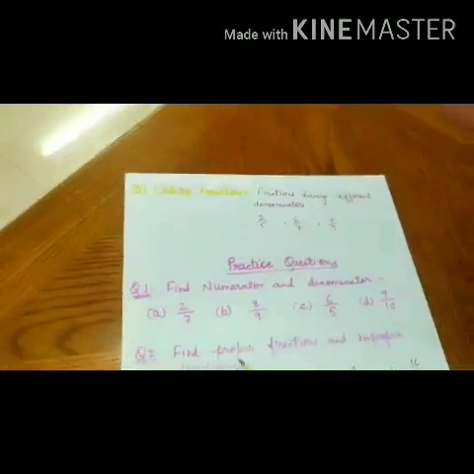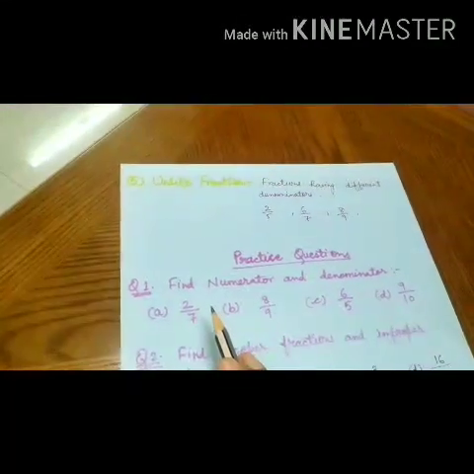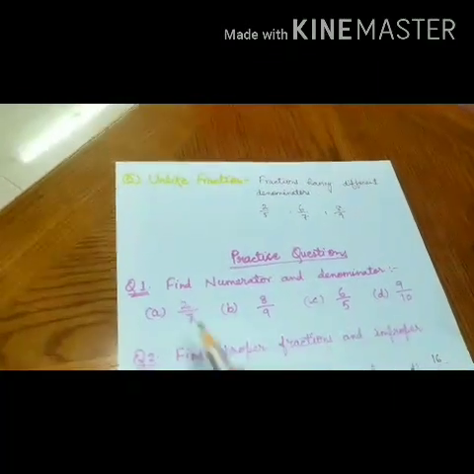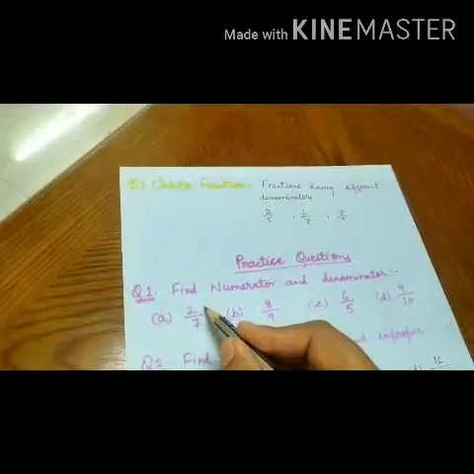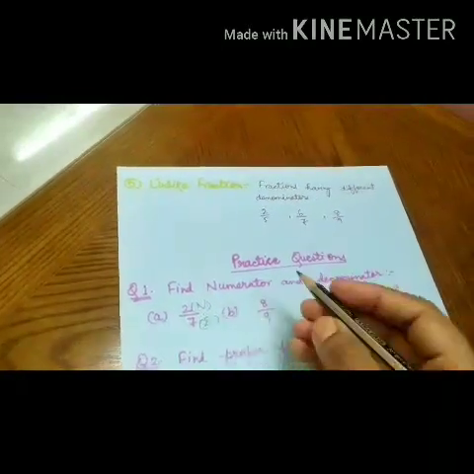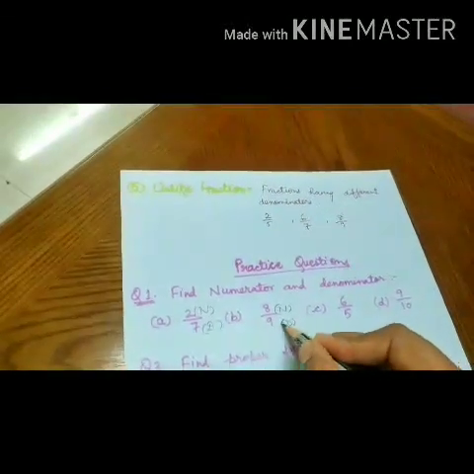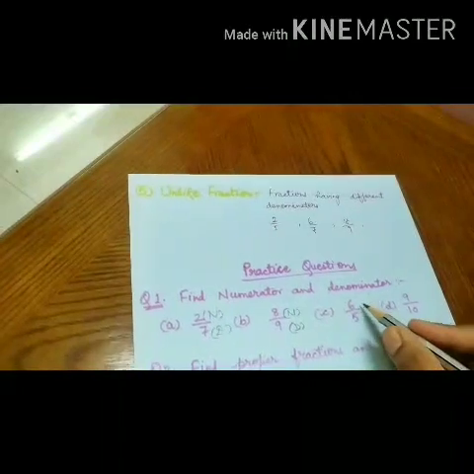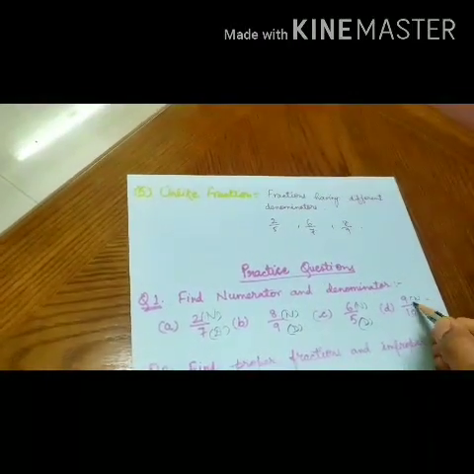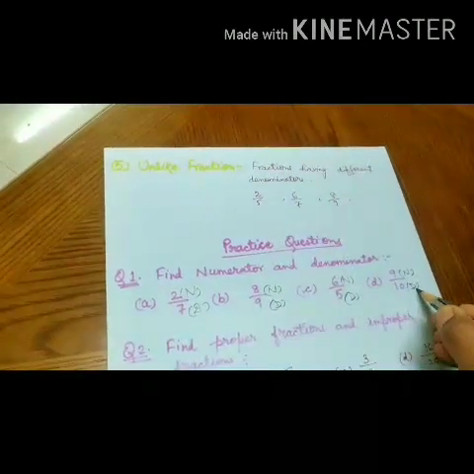So you know it is very easy that the top digit is always a numerator and the bottom digit is always a denominator. So here 2 by 7, in this, it is numerator and it is denominator. Here also it is numerator and it is denominator. Without thinking anything, the top number is numerator and the bottom number is denominator.